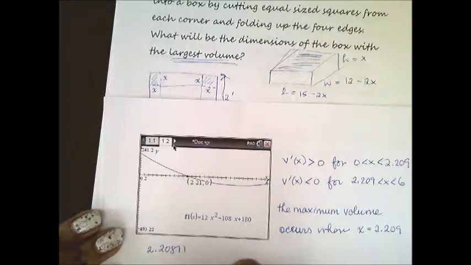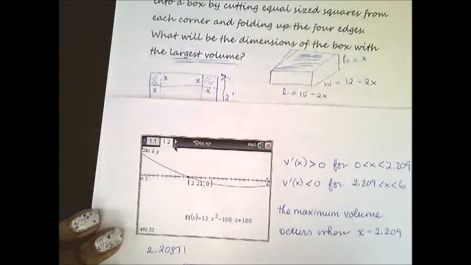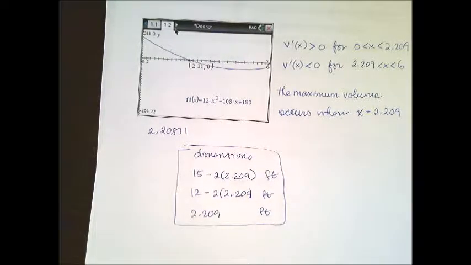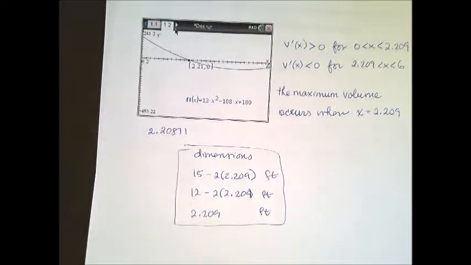So the dimensions of the box are 15 minus 2 times 2.209 and 12 minus 2 times 2.209 feet and 2.209. You can put it together and simplify that expression if you want, but writing it this way allows you to see where the numbers are coming from.